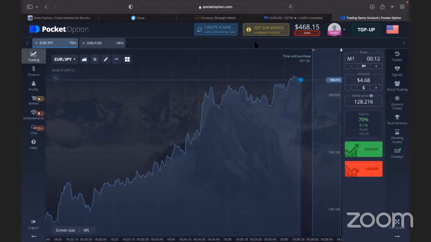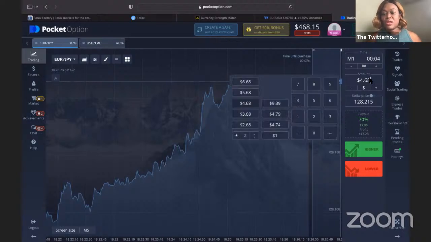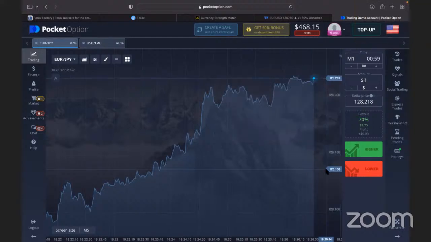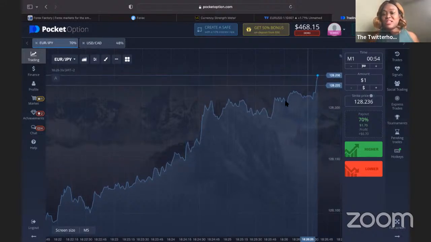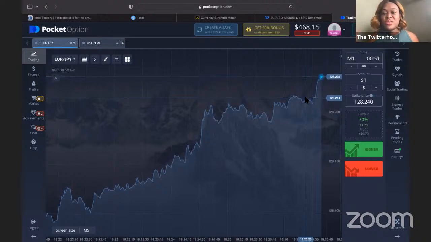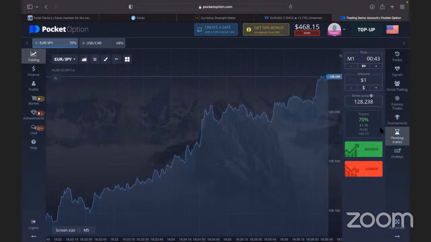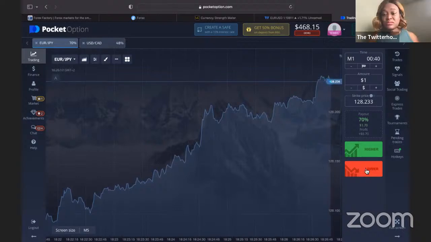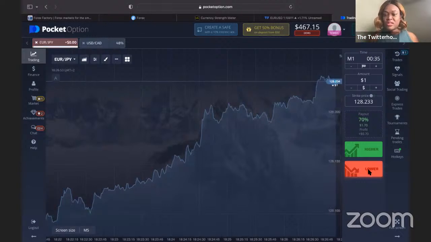Okay, so tell me, looking at this right now, do you think price is gonna keep going up or you think it's gonna come down? If you were to guess, just to guess, no analysis, just looking at it. It may go down, yeah. Okay, so then I'm gonna hit the lower button for it to go down.